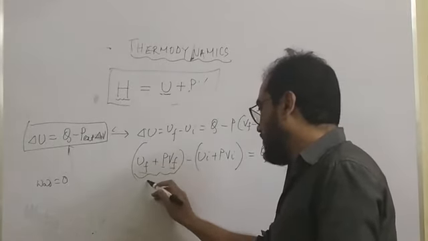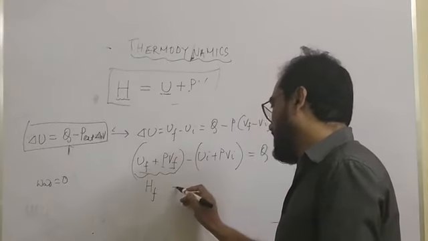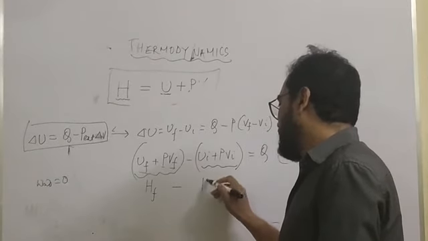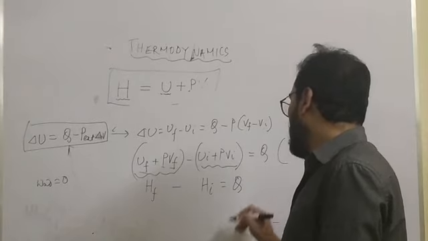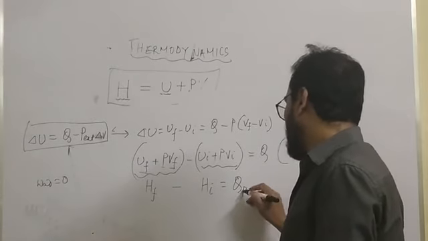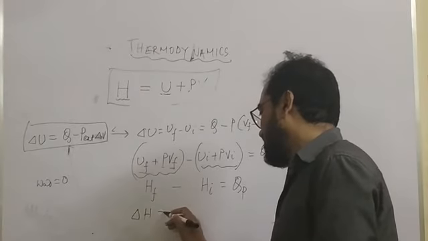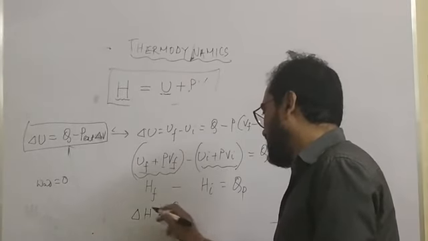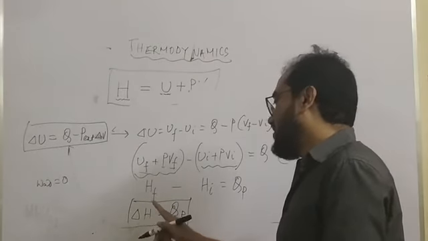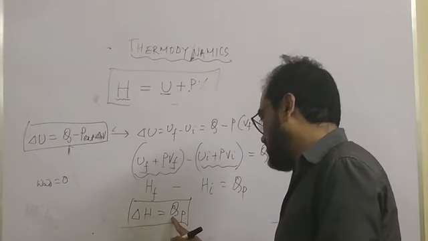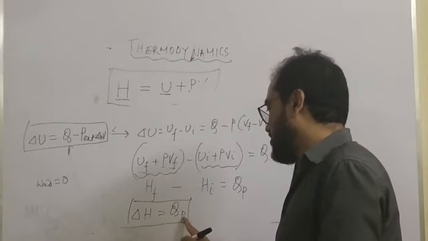This is the final value, we introduce enthalpy final, minus the initial value, enthalpy initial, equals Q, and to denote P constant, just write P as a suffix of Q. What happens? Delta H equals Q_P. That means the enthalpy change of a system is nothing but the heat change of the system during the change at constant pressure.